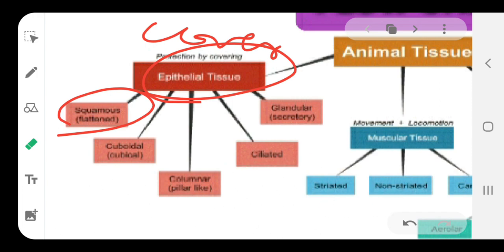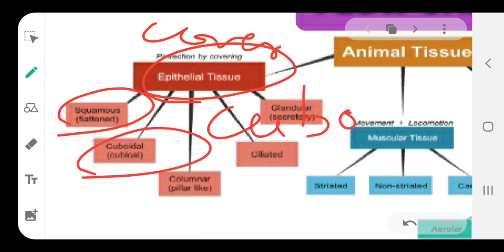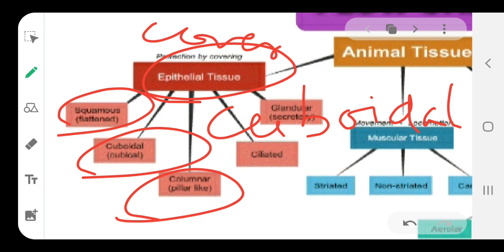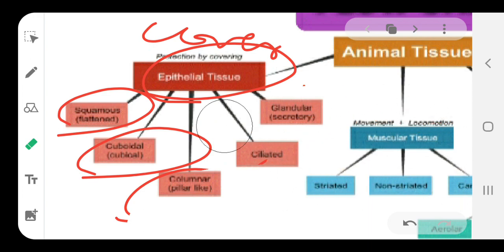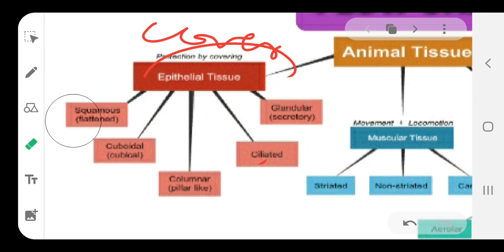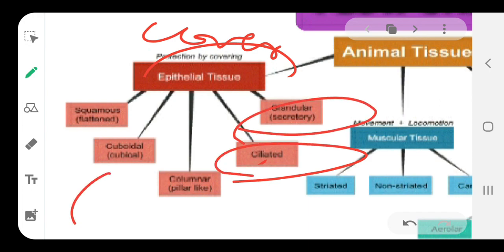Then the second is cuboidal tissue. The third one is columnar tissue, which is just like a column. The fourth one is ciliated, so write down that word, and the last one is glandular.